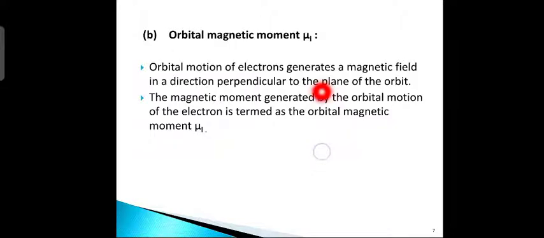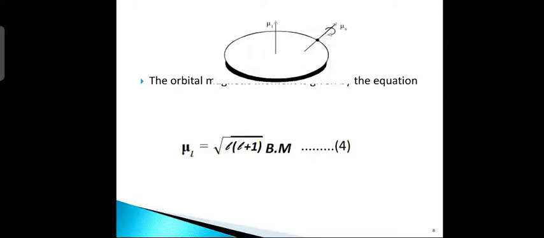The magnetic moment generated by the orbital motion of the electron is termed as the orbital magnetic moment, mu L. The generation of spin magnetic moment and orbital magnetic moment is shown pictorially in the figure, showing mu L and mu S.